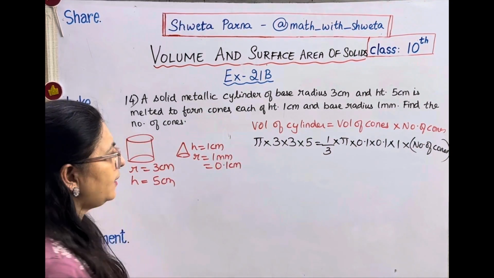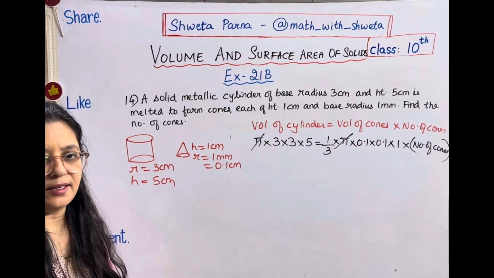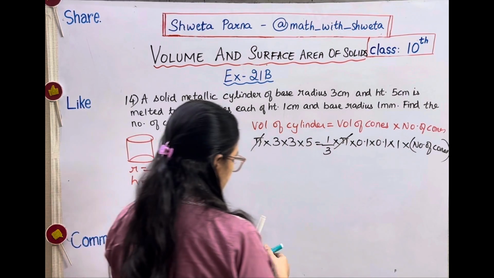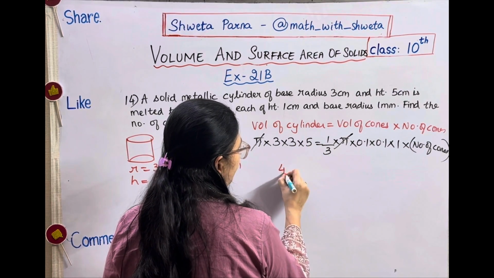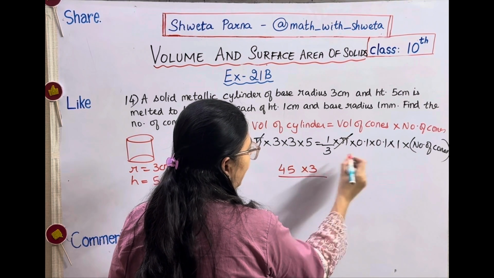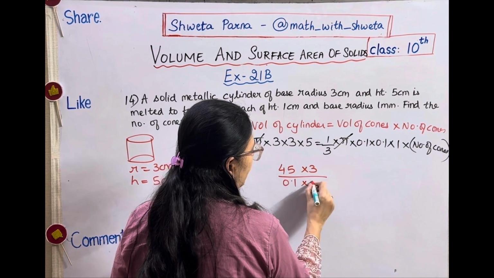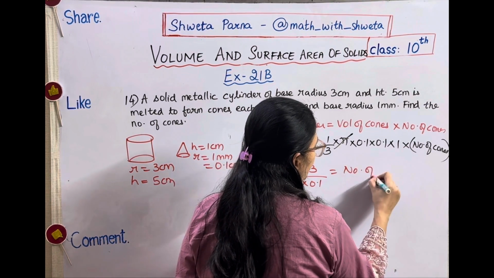Clear? Now this pi and this pi, you can cancel. Now this will become 3 3s are 9, 9 5s are 45. So 45 into 3 divided by 0.1 into 0.1 will give you the number of cones.